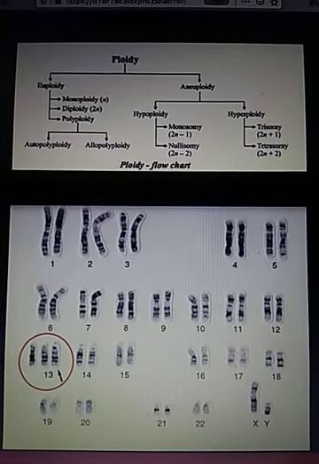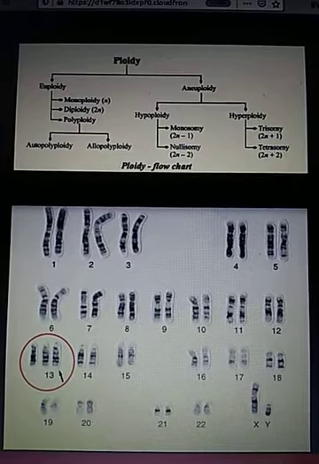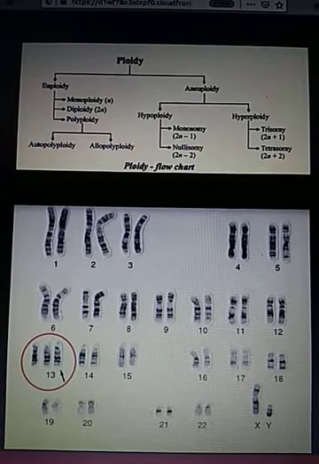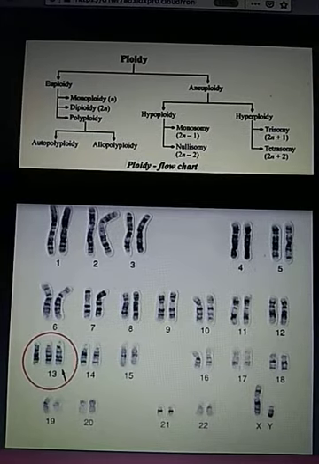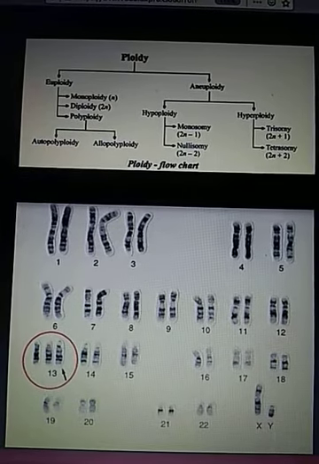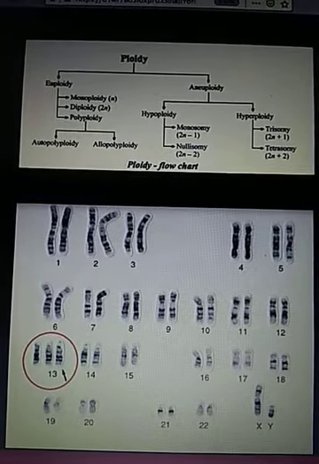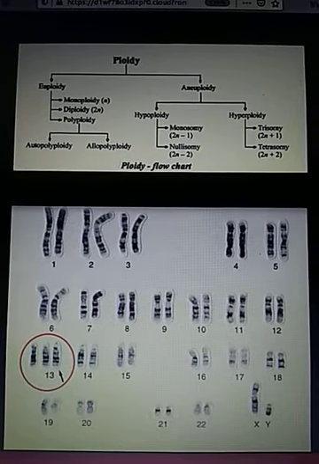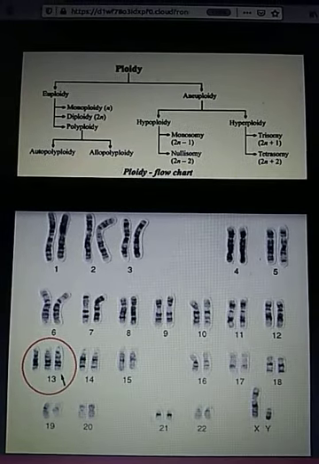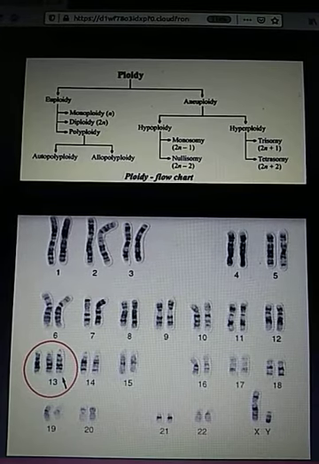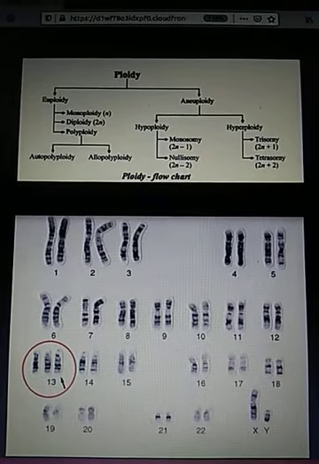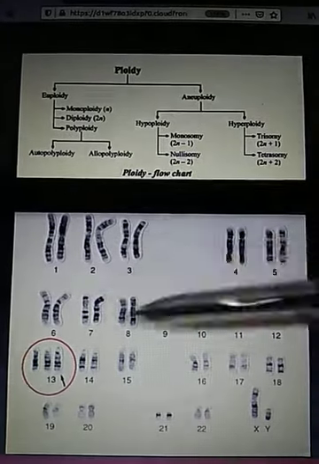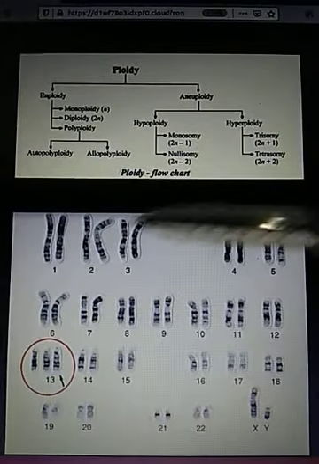Euploids are further classified into monoploidy, diploidy and polyploidy. Let us understand each of them one by one. Monoploidy is the state when the number of homologs present for each chromosome is 1, while diploid is the case of euploidy in which the number of homologs present for each chromosome is 2. See, this is the karyotype of a normal somatic cell.